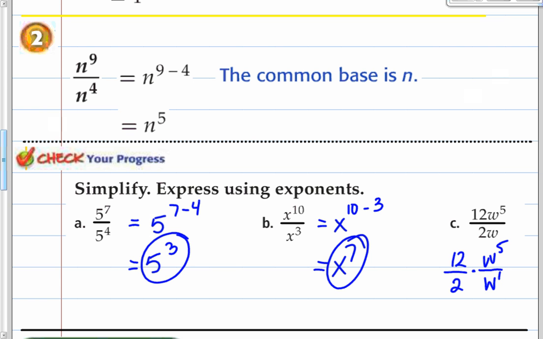And notice I put a 1 in the exponent for the w, so it's easier for me to subtract. Once I've broken it out, 12 over 2 is equal to 6. That's just going to be multiplied by whatever w to the 5th power over w to the 1st power is, which is w to the 4th. All I'm really doing is subtracting these numbers. There's my final answer, 6 times w to the 4th.